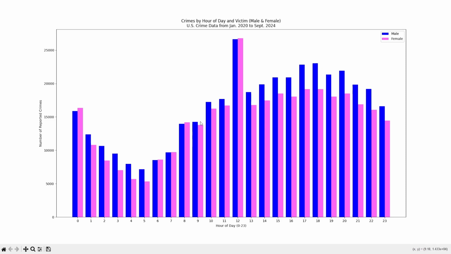In the mornings is when crime for women picks up a little bit, but the safest hour of the day, according to this data, is probably going to be 5 o'clock, and the most dangerous probably going to be 12 noon, and then crime picks up a little bit around 5 o'clock, around rush hour, and levels off here around 9 o'clock and into the evening hours here.